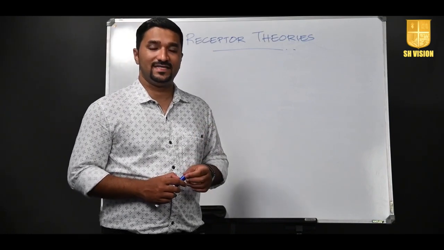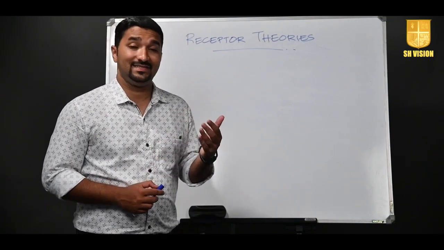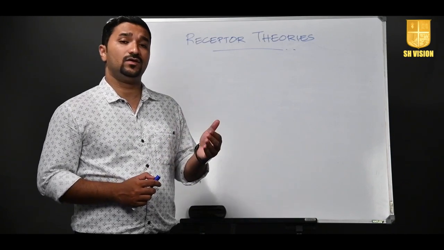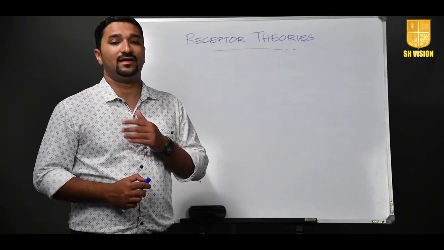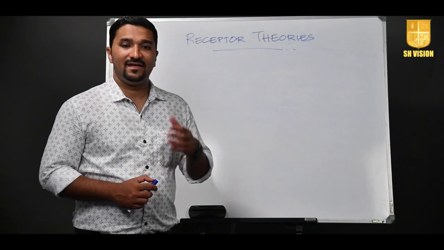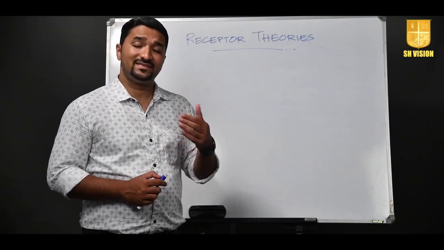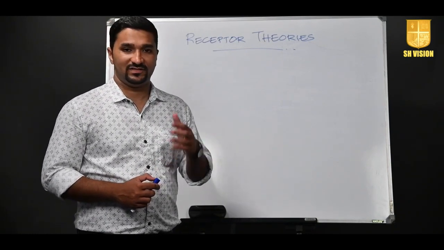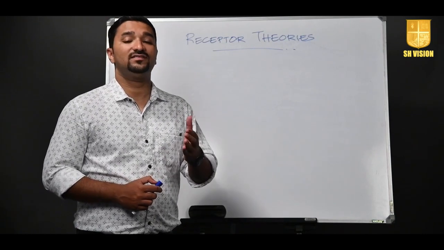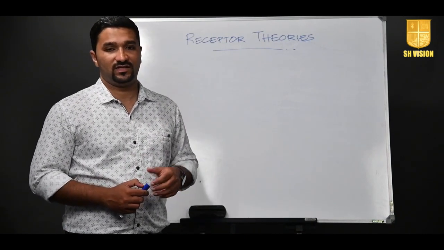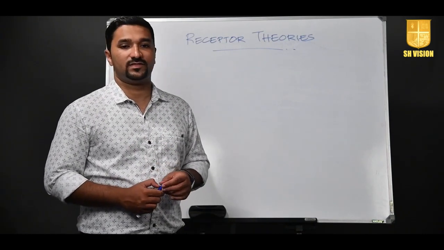Now, what is a receptor? A receptor is a macromolecule or a binding site which is located on the surface or inside of a cell. And this macromolecule will serve to recognize the drug, which is a chemical, and will further initiate a biological response to it.